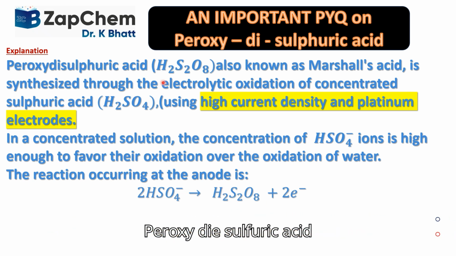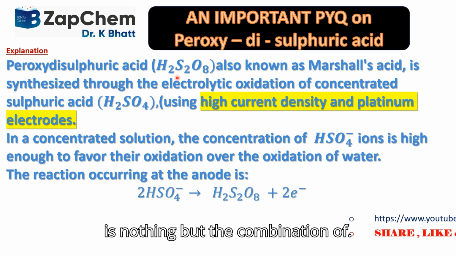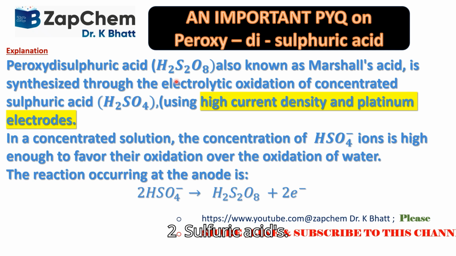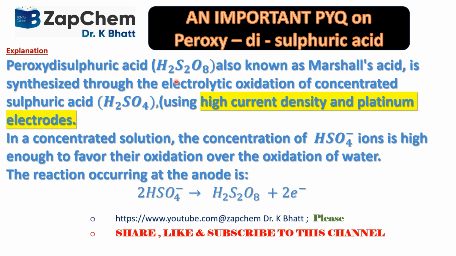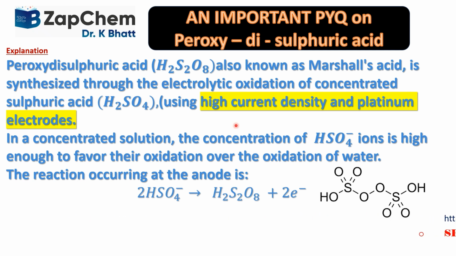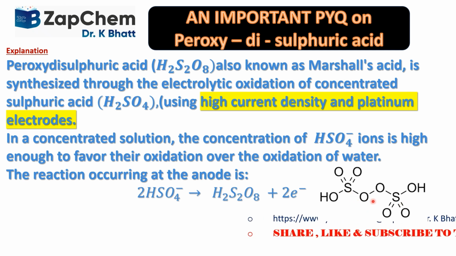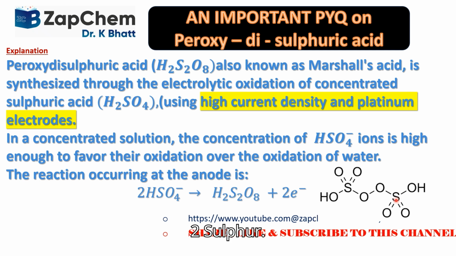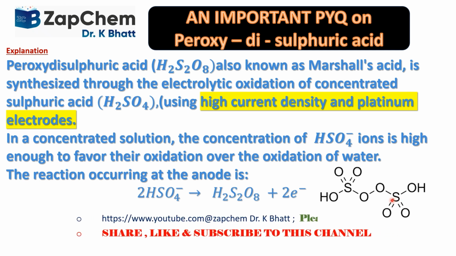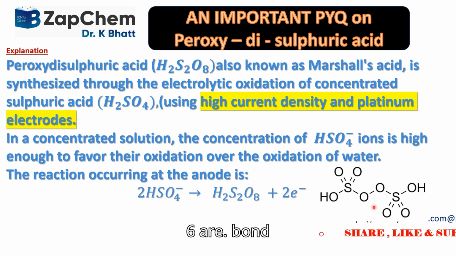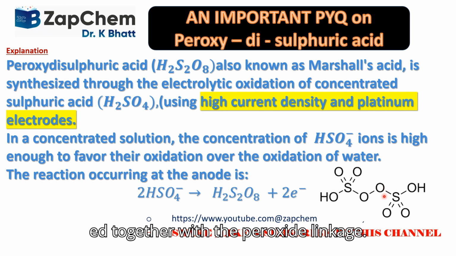Peroxy disulfuric acid, as we find here, is nothing but the combination of two sulfuric acids, and obtained structure wise, it is represented here. Two sulfur atoms with oxidation number 6 are bonded together with a peroxide linkage.